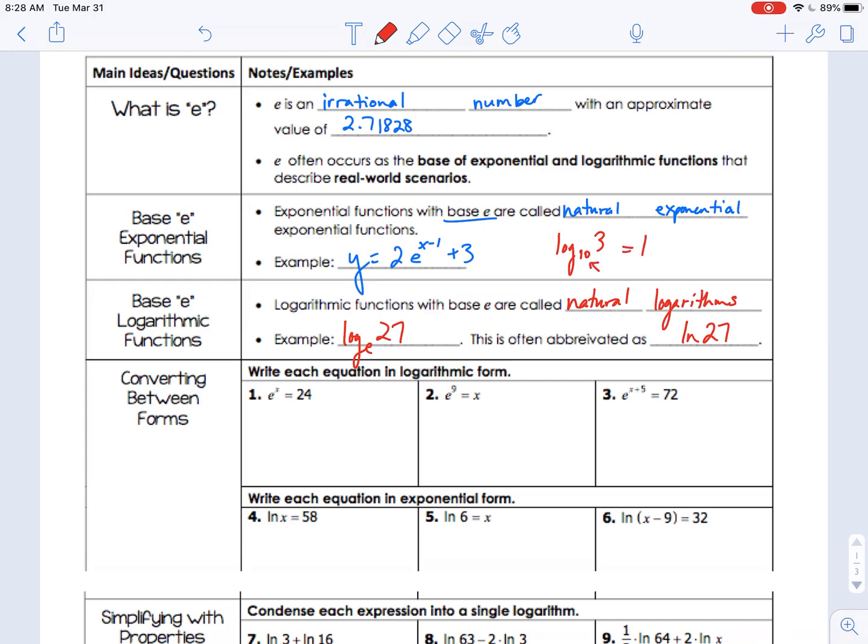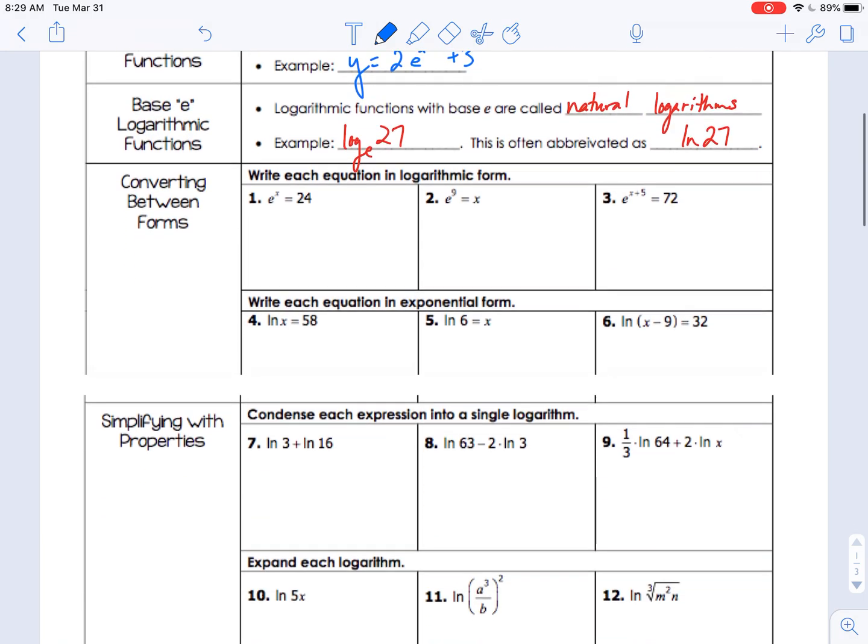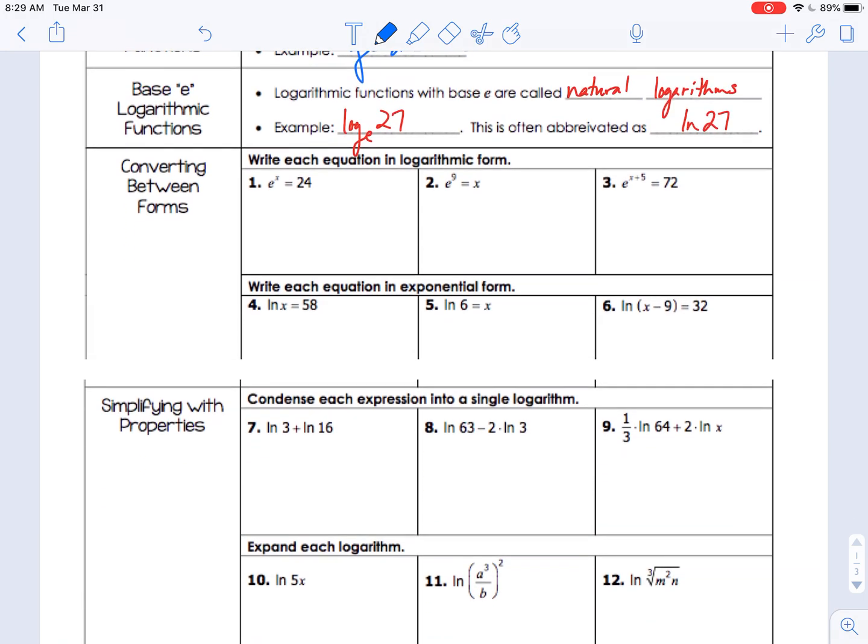So just like when we write log base 10 of 3, well, we almost never write that 10. We'll almost always write log of 3, and it's just understood that that 10 is hiding here, since we live in a base 10 world.